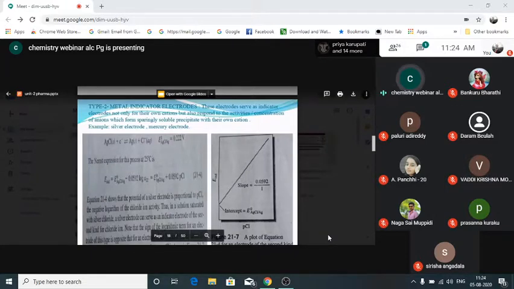Type 2 metal indicator. Carefully follow. I will read: these electrodes serve as indicator electrodes not only for their own cations, but also respond to the concentration of anions, which form sparingly soluble precipitate with their own cations.